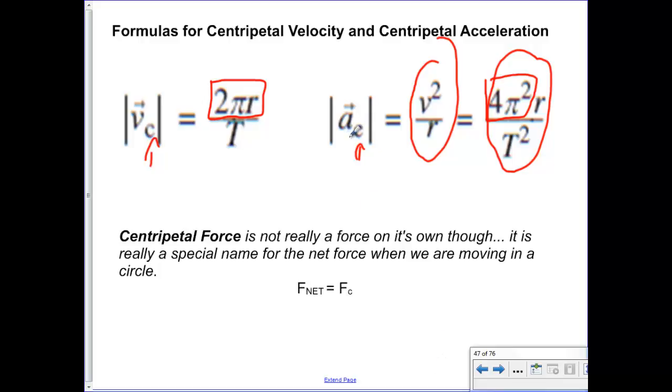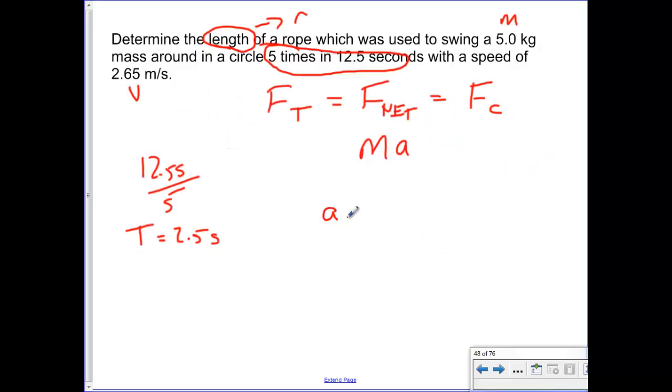The centripetal acceleration is equal to v squared over r, but it's also equal to 4 pi squared r over t squared. It's not really a system of equations, other than that this equation equaling this equation is a good place to start. So the centripetal acceleration could be equal to v squared over r. We don't know what r is though.